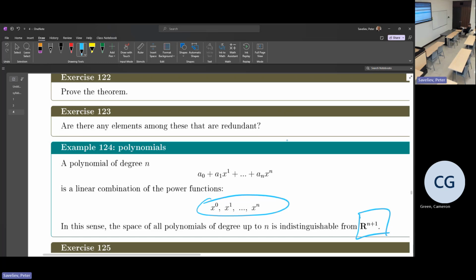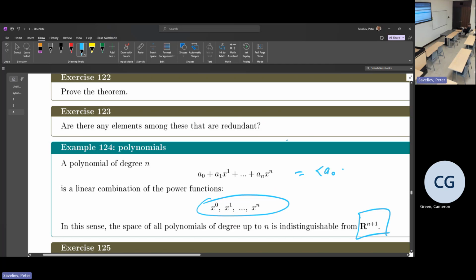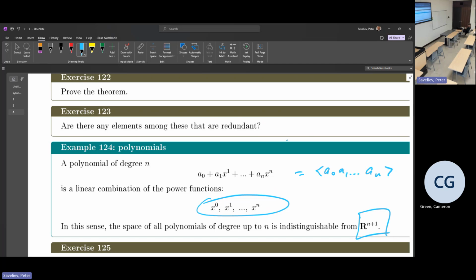Because literally you can write it like this: a naught, a1, through an. The n plus one coefficients of a polynomial correspond to a point in the n plus one dimensional space, and therefore all polynomials are taken care of as long as we stay within that space. It turns out that if you stick to polynomials only, you are actually within the reach of linear algebra.